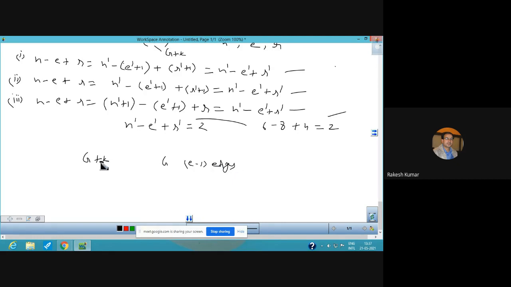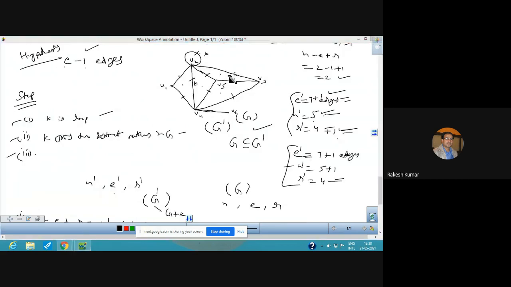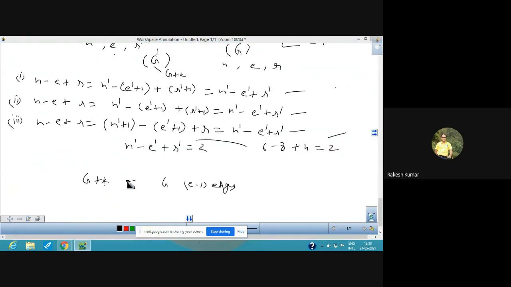It means the edge K that we are adding is either a loop, or a line, or an edge joined with an isolated vertex. This isolated vertex is V6; if we join it, the third case comes. So in all three cases the Euler's formula is verified. Hence, by mathematical induction, the formula is true for all planar graphs. So this is the way by which we can check the planarity of the graph.